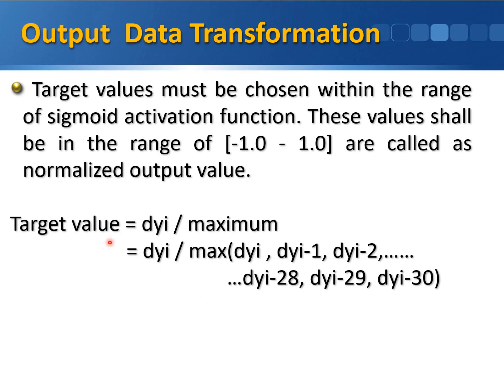The target value is calculated based on the maximum out of 1750 or within 1 month. Then dyi divided by the maximum gives the target value to be achieved. Then we can take the whole pattern set to analyze, so that you can get a stock market prediction for tomorrow, 1 month, 200 days or 365.